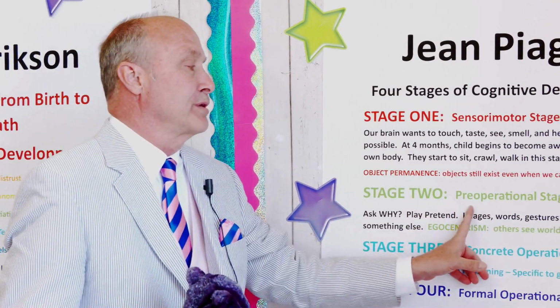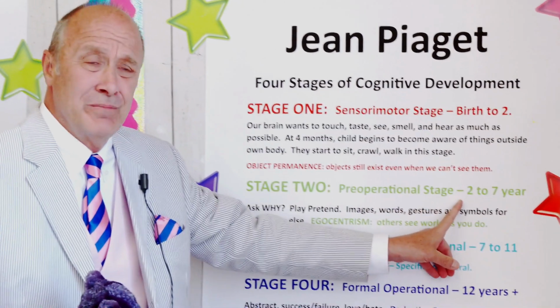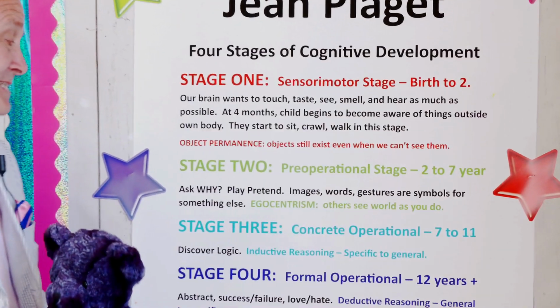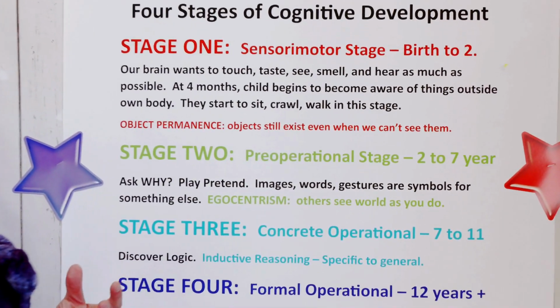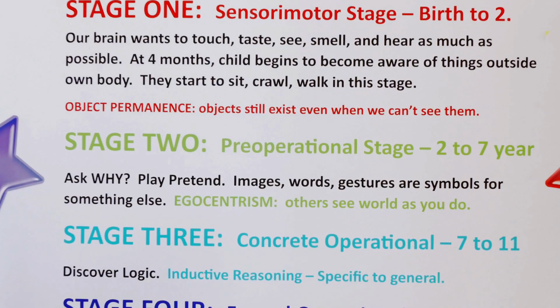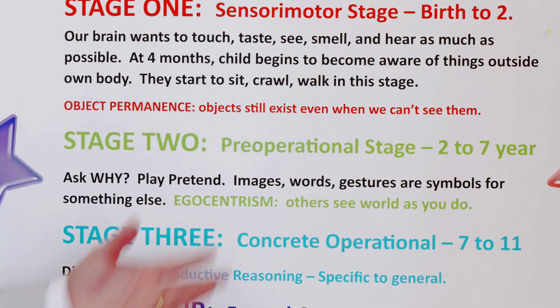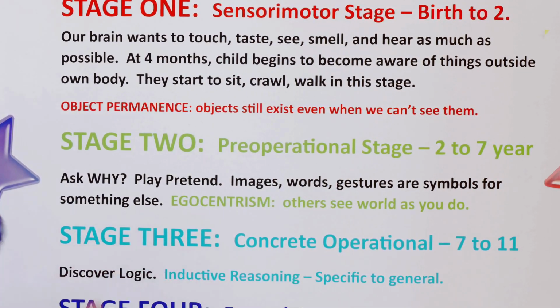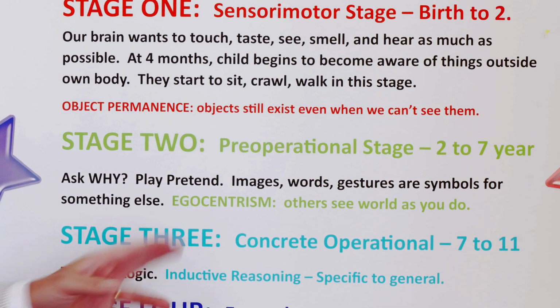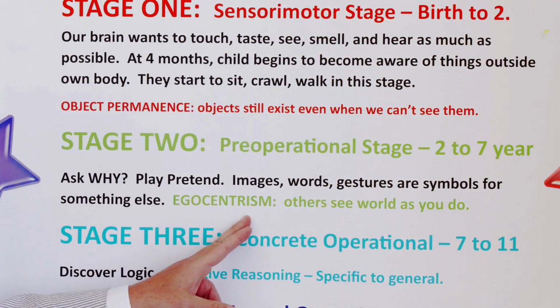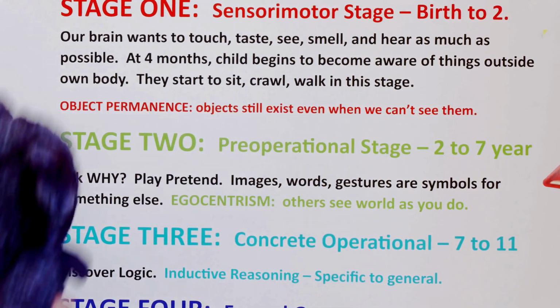Stage 2 is the pre-operational stage, from ages 2 to 7 years. And they ask a lot of questions like, why? And pretend is huge, and images and words and gestures and symbols for something else. And egocentrism is a key word in this stage.